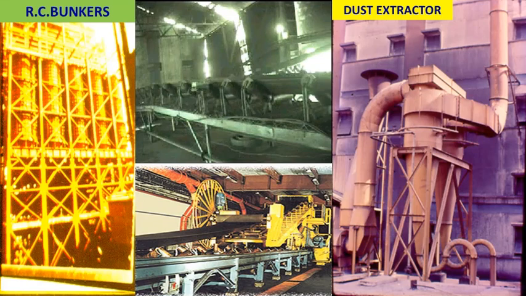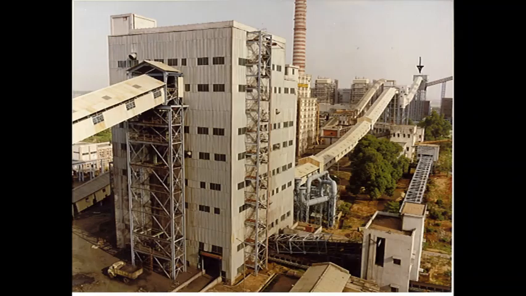So, in the coal handling plant, we have a coal receiving arrangement, a coal stacking arrangement, a coal reclaiming arrangement, and again a coal transporting arrangement up to the raw coal bunker.